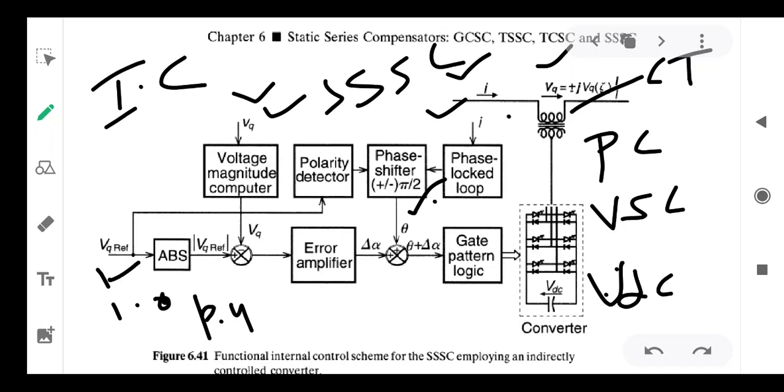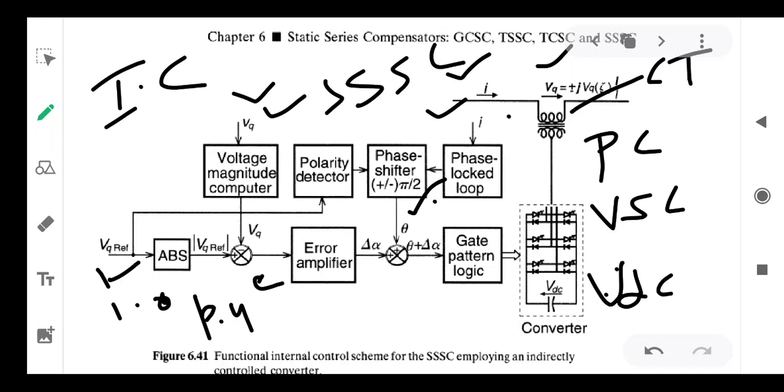Here VQ reference is there. By finding the absolute value of the VQ reference, you will get the VQ reference magnitude here. From the summer, you will get VQ reference minus VQ, that is the error.